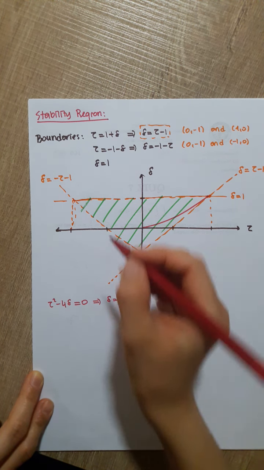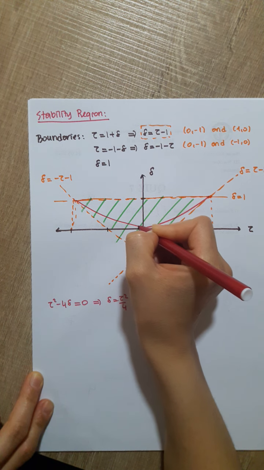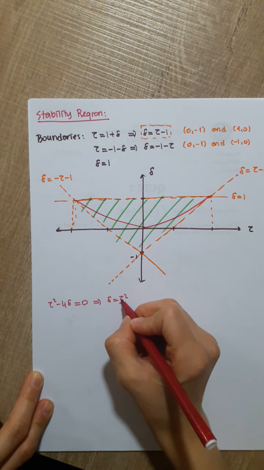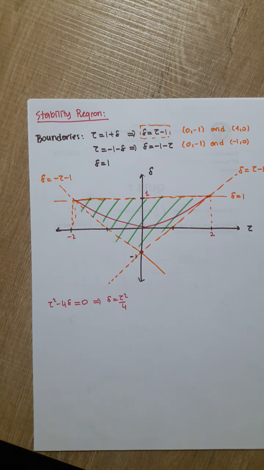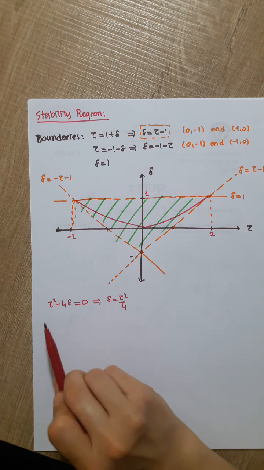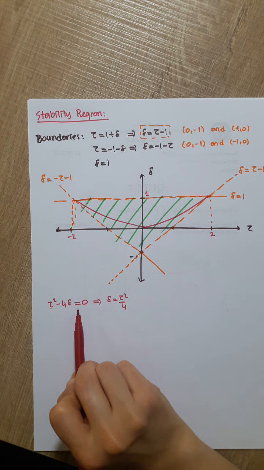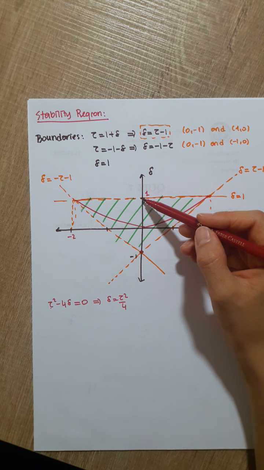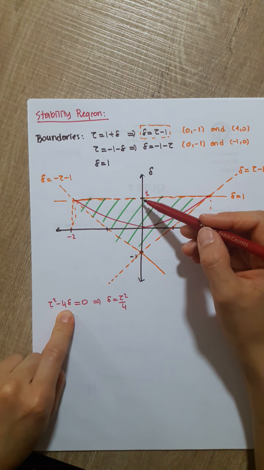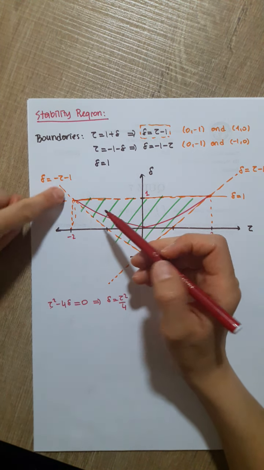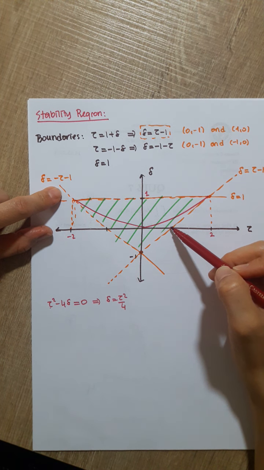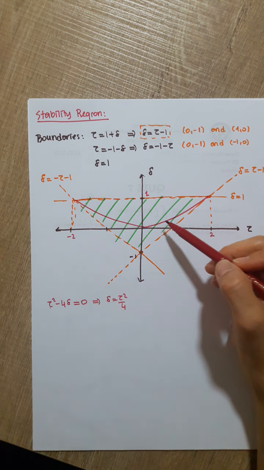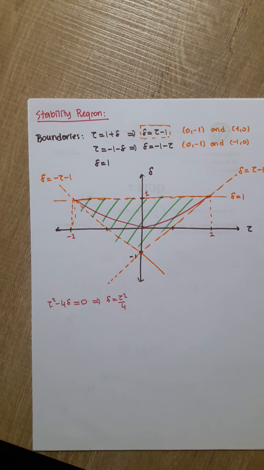The vertex is 0, 0. When tau is 2, the value of delta is 1, and at minus 2 also we have the same value. If you substitute 1, 0, you will obtain a negative number. If the points are below this curve, you have real eigenvalues. If they are above this curve, then you have complex eigenvalues.